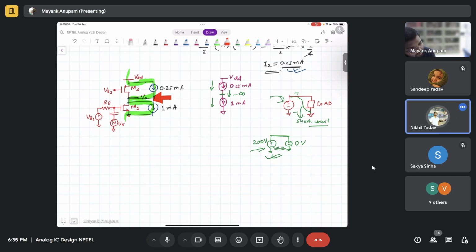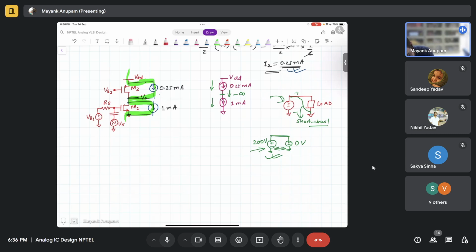Minus infinity? No, at this place, I'm talking about a practical circuit, right? It cannot go to minus infinity here. Here it will go simply to 0 volts, right? Not even 0 volts.